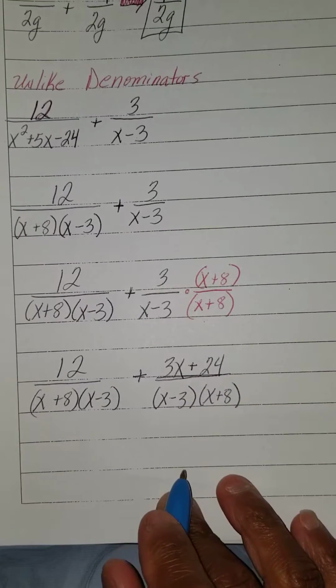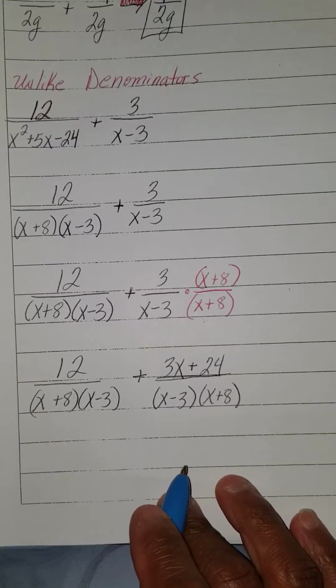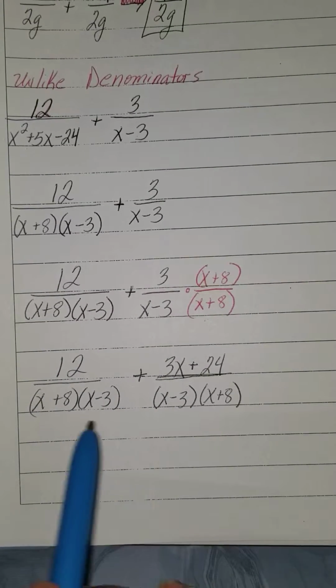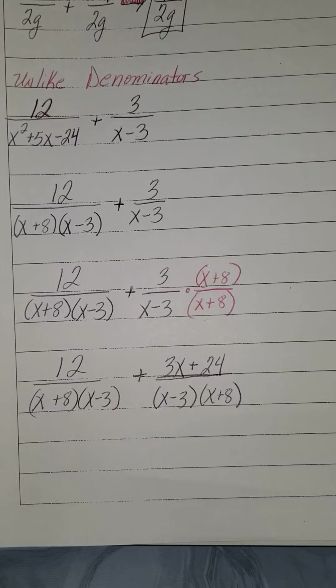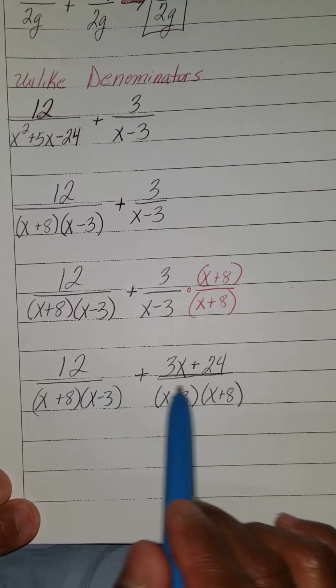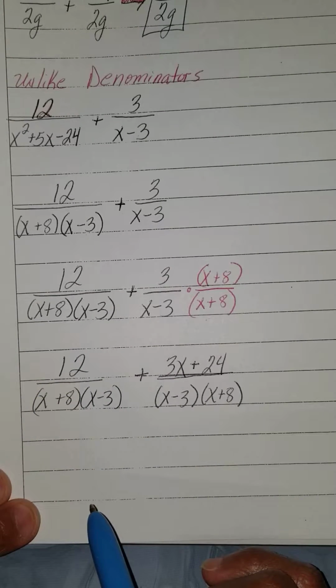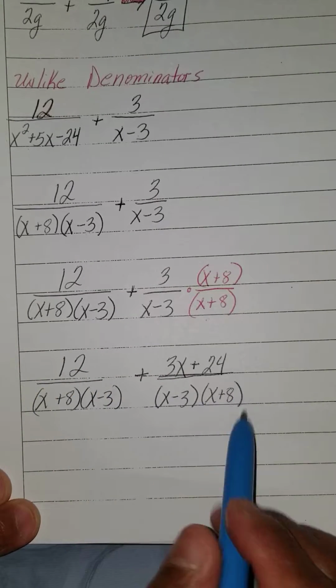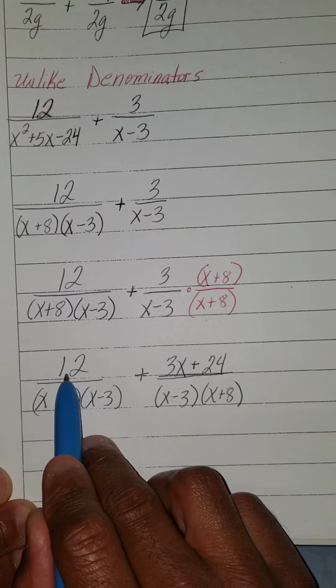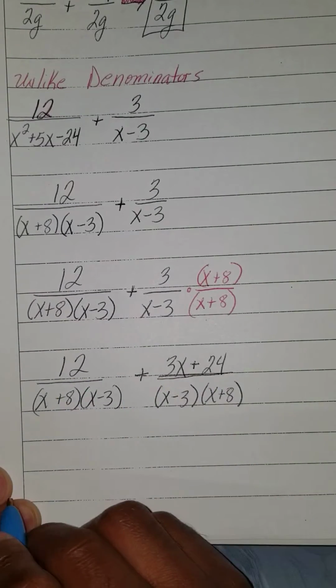What I want you to notice now is that both denominators are exactly the same. And because both denominators are exactly the same, we can go on ahead and add the numerators. So in doing so, we're going to combine any terms that are alike. So here I have 12 plus 3x plus 24.